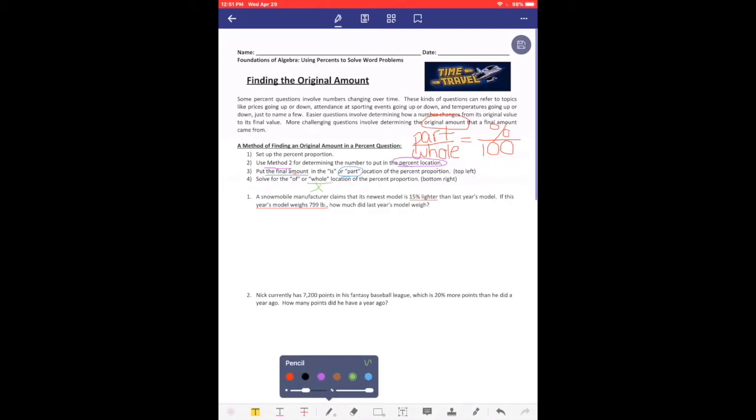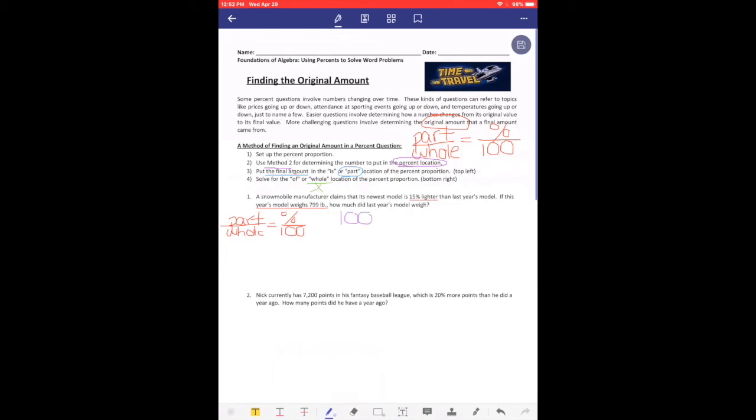The first thing we're going to do is write our percent proportion, which is part over whole equals percent over 100. Then method 2 is determining the number in the percent location. In the percent location, we're always going to start with the number 100 because everything's always out of 100%.